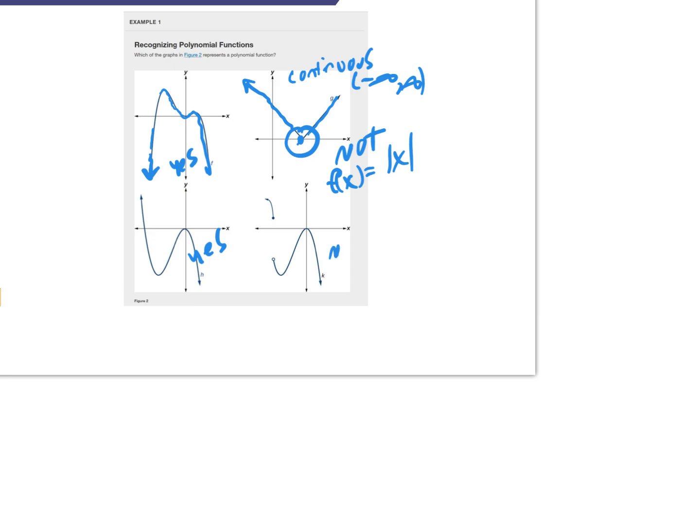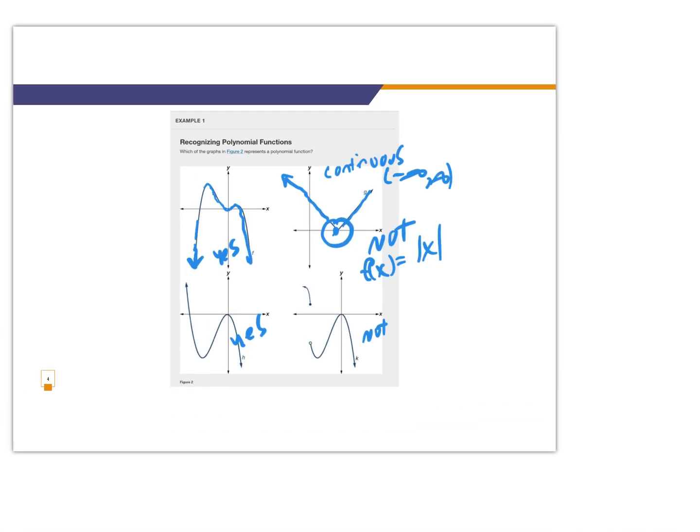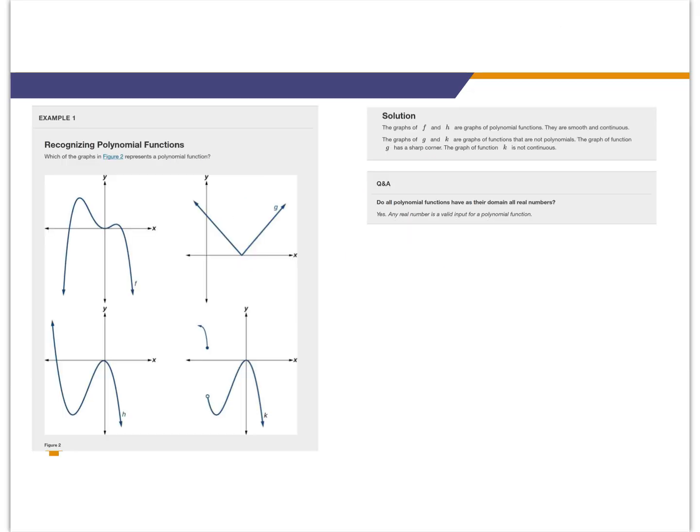So I'm going to stand by my decision that it's not. Of course, I've been wrong before. You can look at the answers and see if we're right. I think I am.